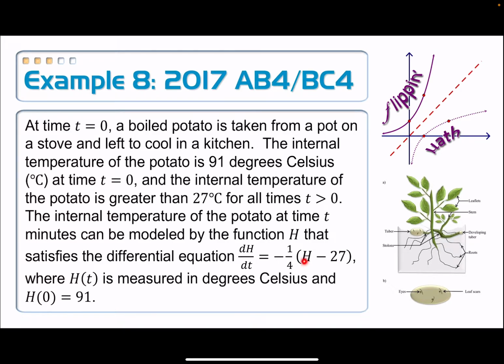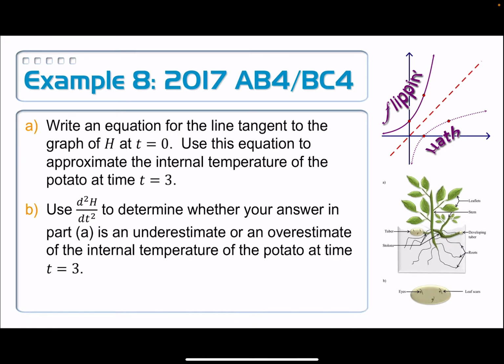Well, actually, at any particular temperature, because there's no time in here. Let's take a look at the first couple of parts. We can't do the entire question because we don't know how to solve this differential equation yet, since it requires some integration. But the first two parts are going to look very familiar.